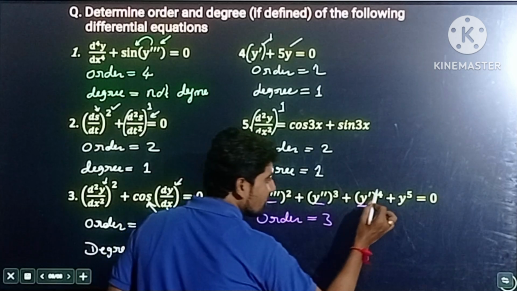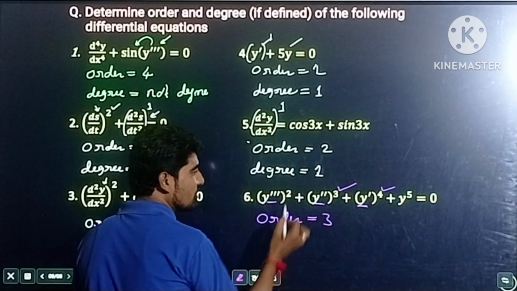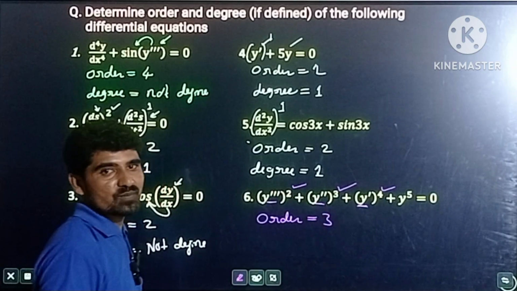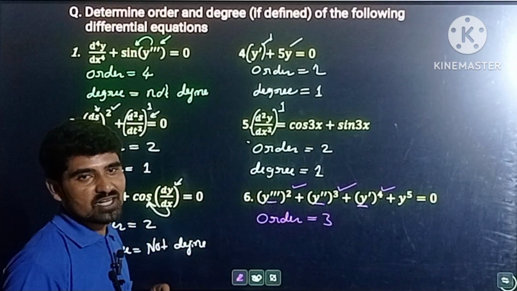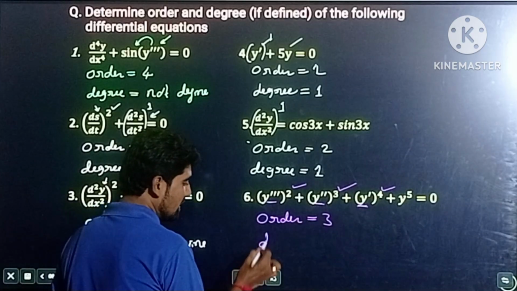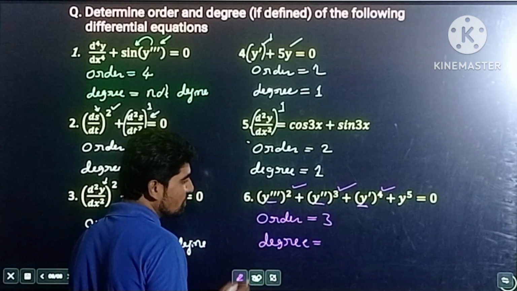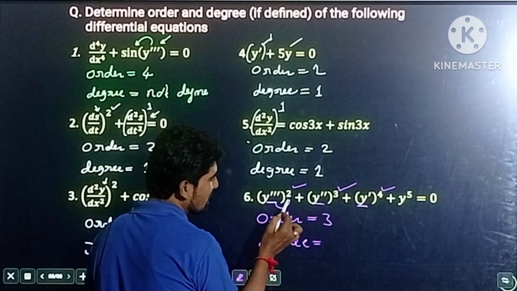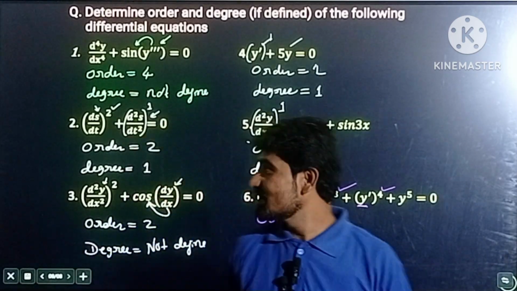And power of the first order derivative is plus 4, power of second order derivative is plus 3, power of third order derivative is plus 2. Therefore, this differential equation is polynomial in derivative. Hence, degree of this differential equation is power of the highest order derivative, that is 2. Therefore, degree is 2. I hope all of you understood.